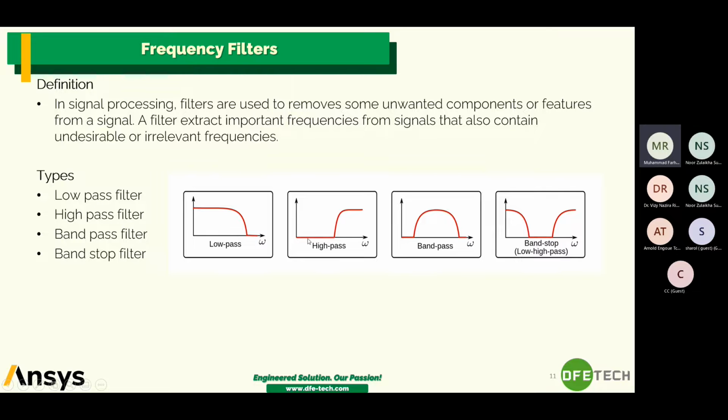Then the high pass filter allows only the high frequency to pass through. And then the band pass filter allows the middle, between low and high frequency, to pass through, and the band stop filter allows only the low and high frequencies to pass.